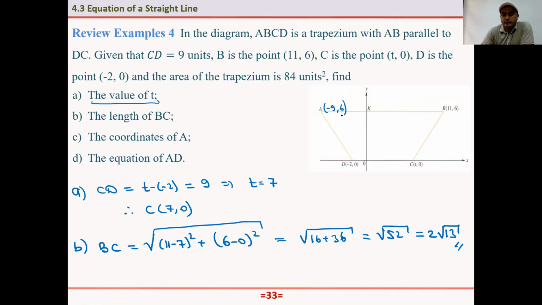Okay. So can you tell me your method? How did you find it? I don't know if this was the right one, but I assumed that the length of AD was the same as BC.